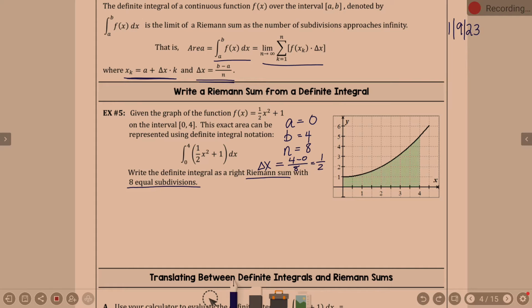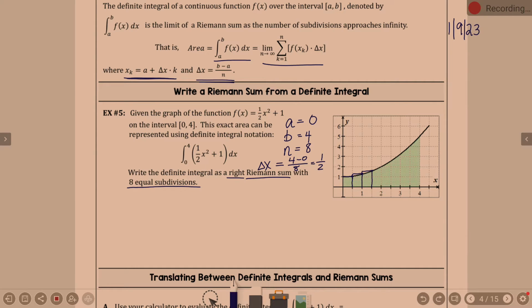If this is officially a right Riemann sum, that means when we draw this, so 0 to 1/2, you're drawing from the right, and my point is at the right. Drawing from the right.